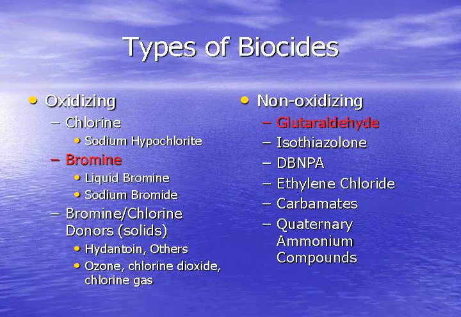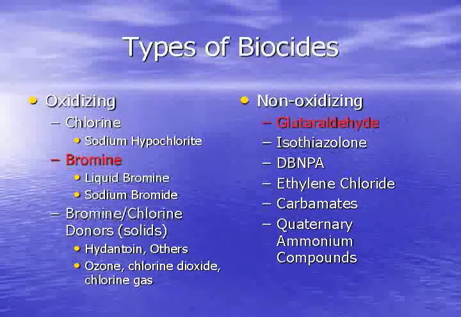Bromine comes in a couple of forms: a liquid form, which is a stabilized bromine, or a solid form, bromine tablets. Chlorine also comes in tablets, and it can also come in a gaseous form. We don't see too many people using gas chlorine anymore because it's kind of explosive. So basically, everybody seems to use the liquid or the pellet form.